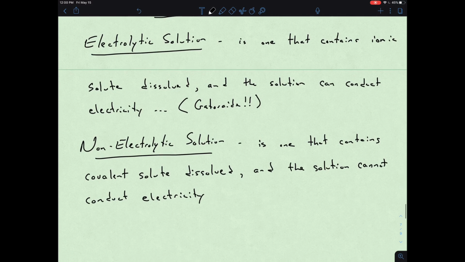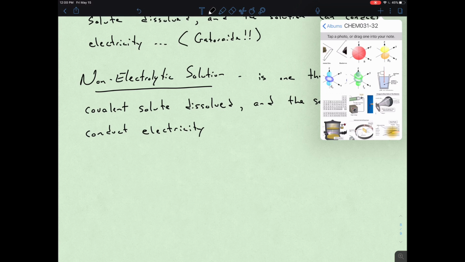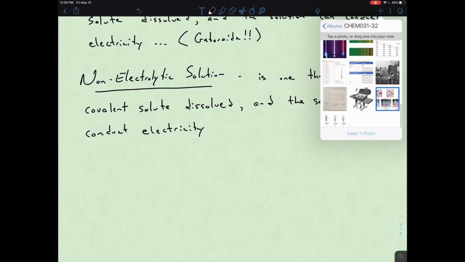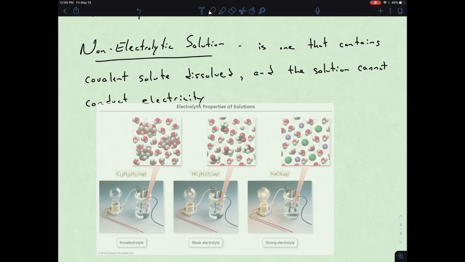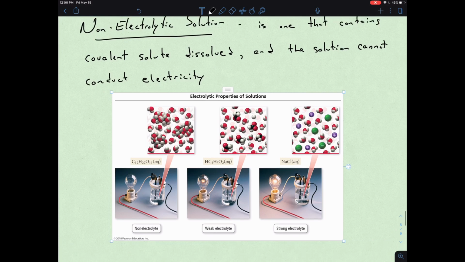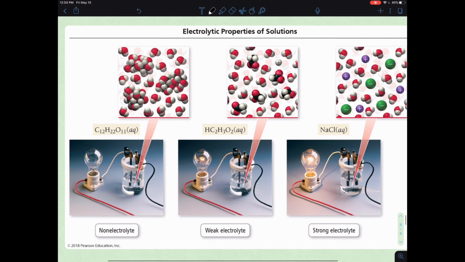Here's just a visual example of these two types of solutions. So here we have a setup. If we look at the left pane, here we have sugar. In this case, a disaccharide, the C12H22O11, and that is what's in our solution at the bottom.